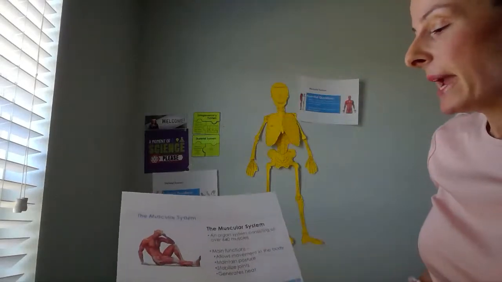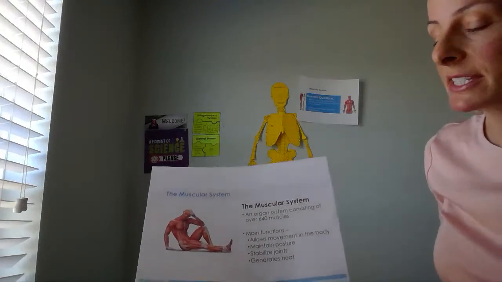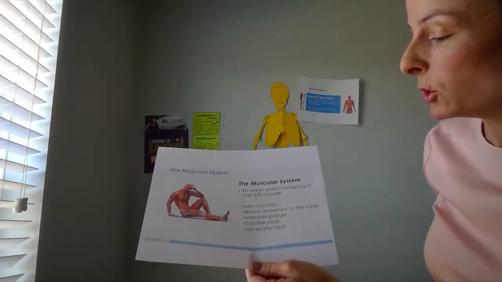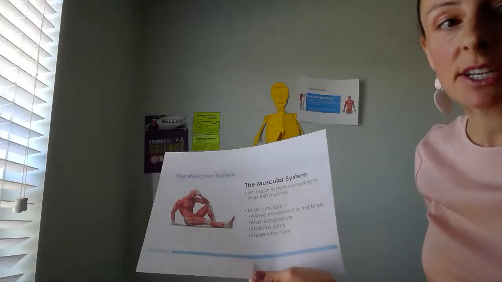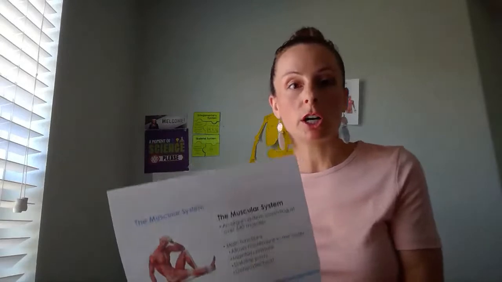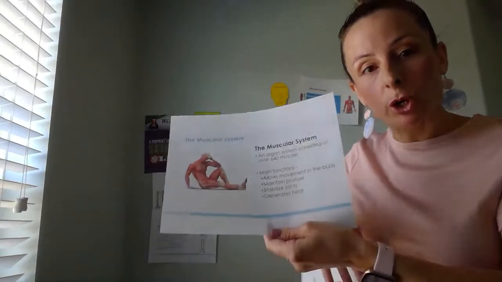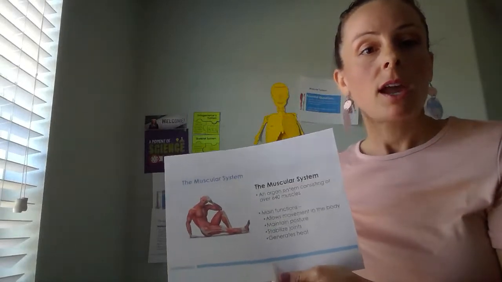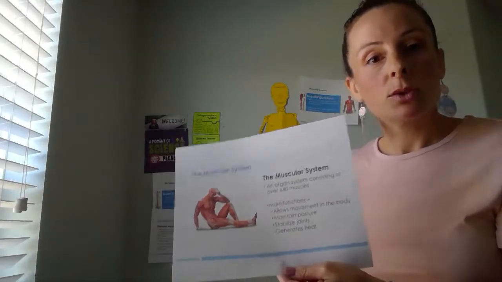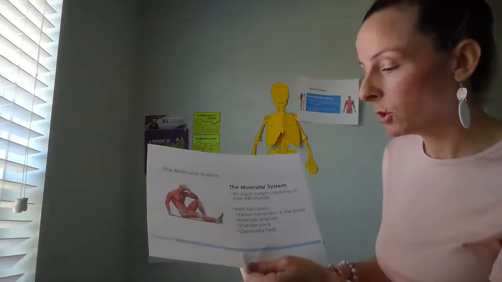So the main function of the muscular system is it allows for movement in the body. So it is the reason that we can move our mouth and talk. It is the reason that we can move our arms. It is the reason that our digestive system can push food through our body. Okay, muscular system is what causes movement.